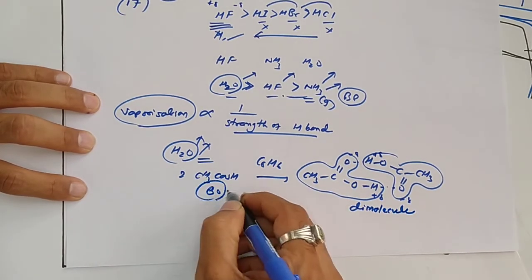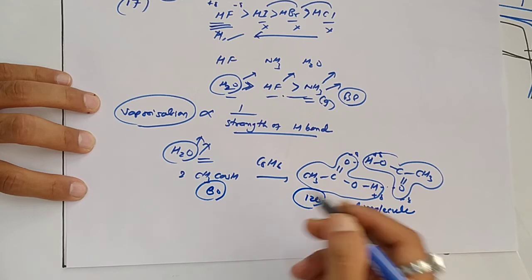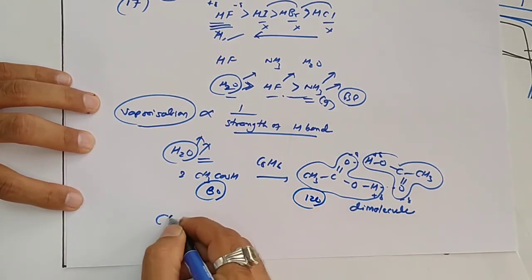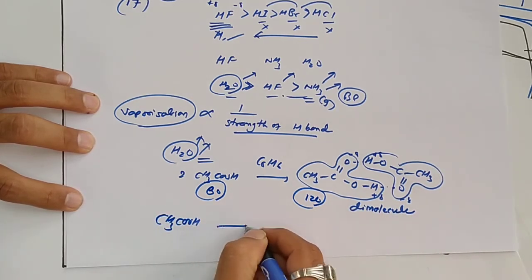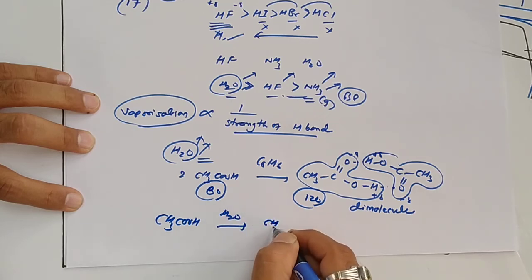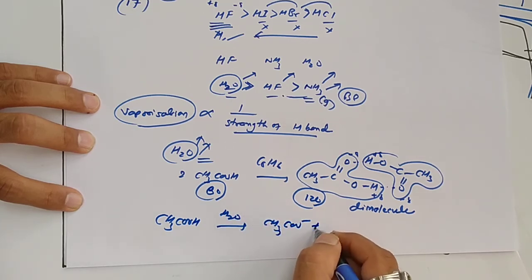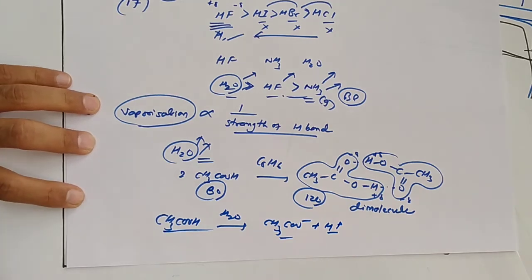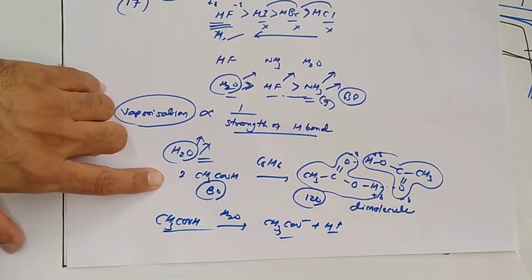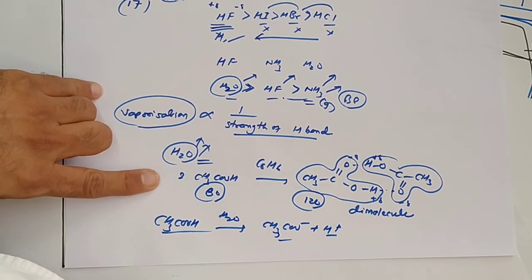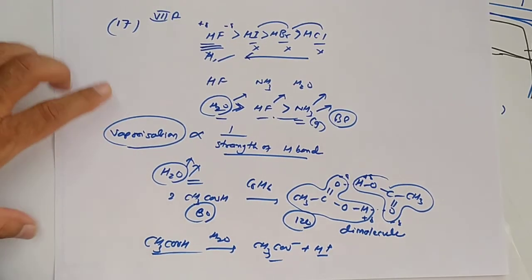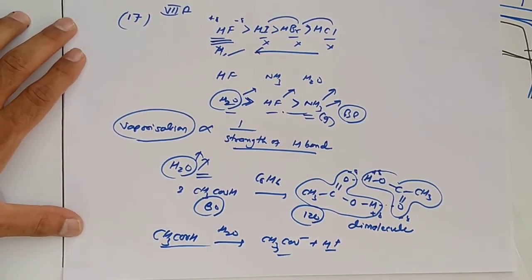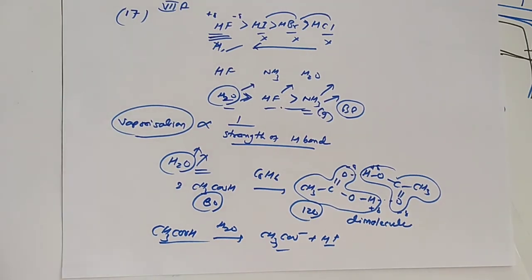Here actually molecular mass is 60, but it became 120. But when we dissolve acetic acid into water, ionization occurs. Understood? Acetic acid in benzene experiences association, but acetic acid in water experiences dissociation.